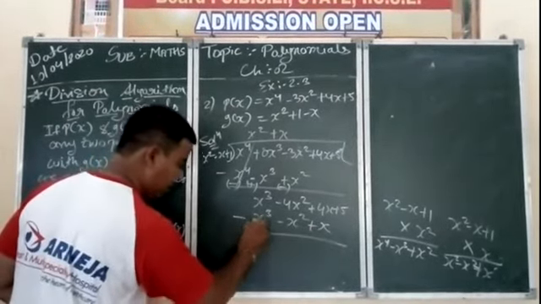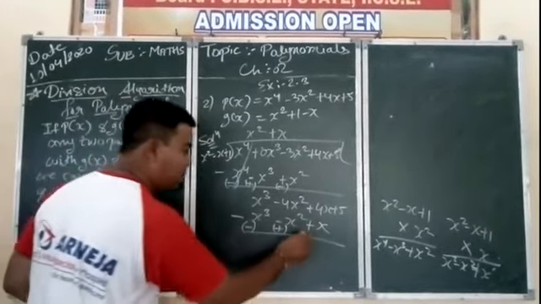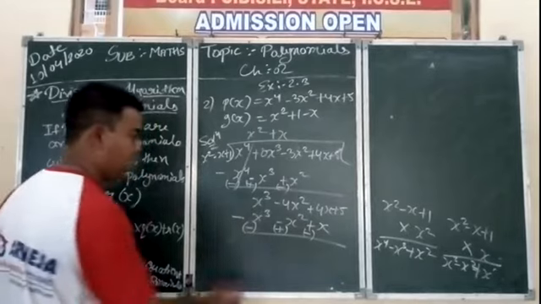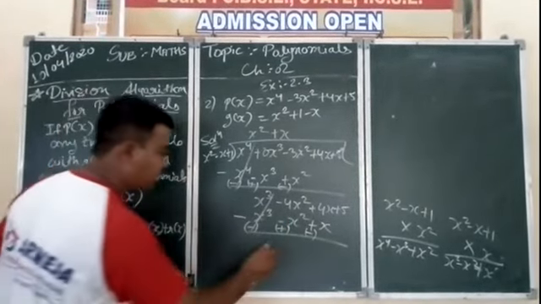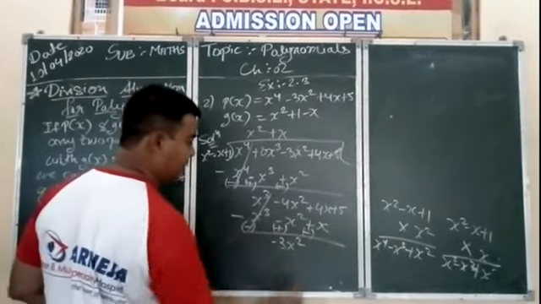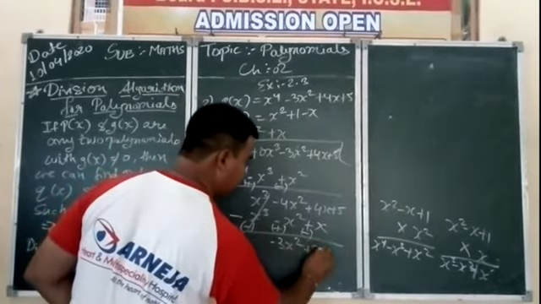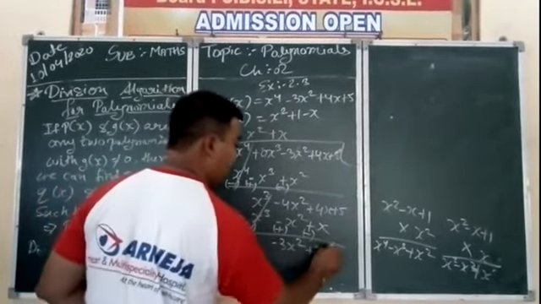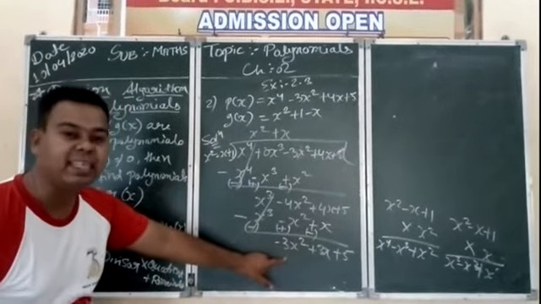The signs change: minus into plus, plus into minus. So x cube cancels, minus 4 minus 1... minus 4 plus 1, so minus 3x square. 4x minus 1x, so plus 3x, and plus 5.